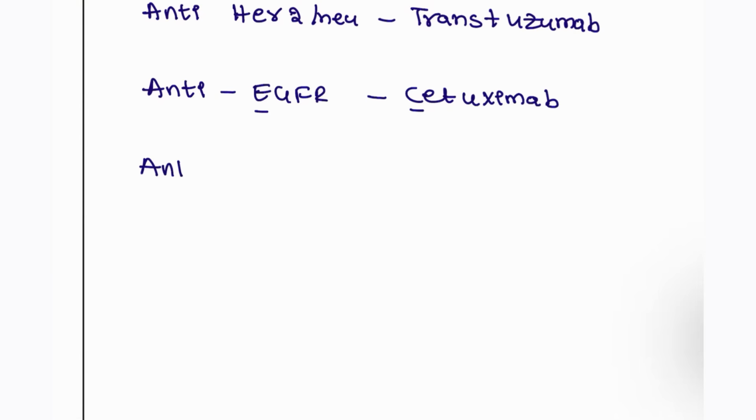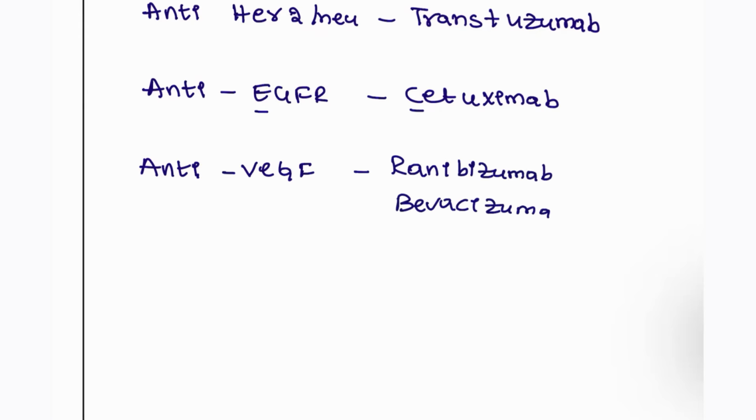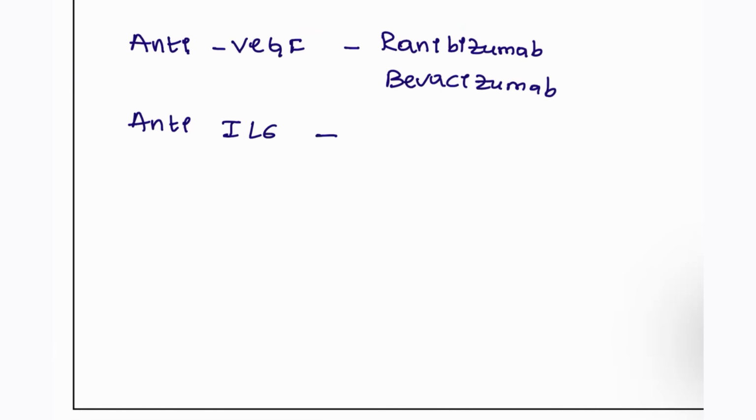Next, anti-VEGF for patients who have macular degeneration or retinal changes. This is ranibizumab and bevacizumab. Next, anti-IL-6, commonly used tocilizumab, used for rheumatoid arthritis patients.